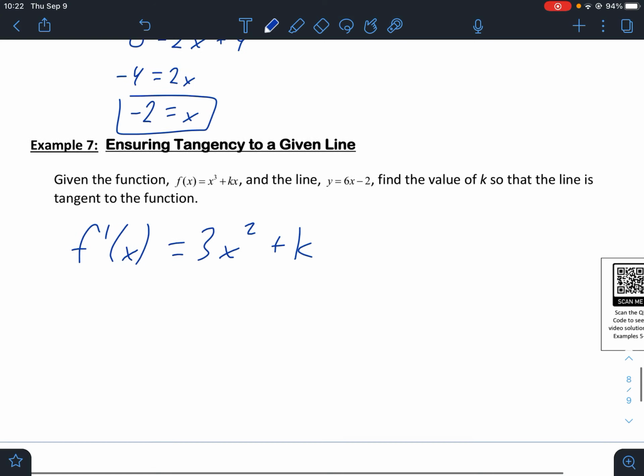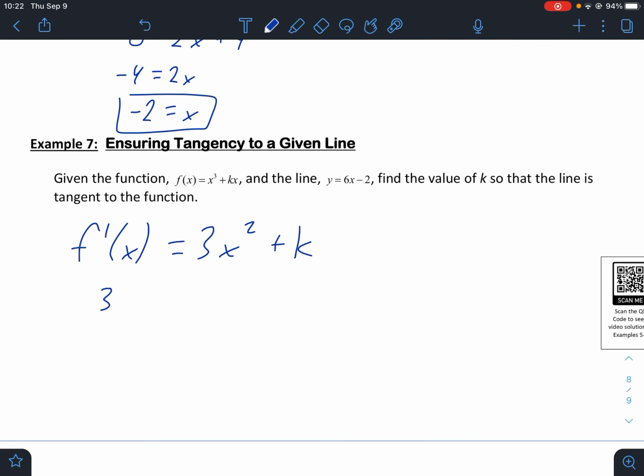Okay? And I know that the derivative, which is the slope, must equal the slope of that line, which is 6. Okay, I also know at this random point that we're talking about here, this function must have the same y value as this function.